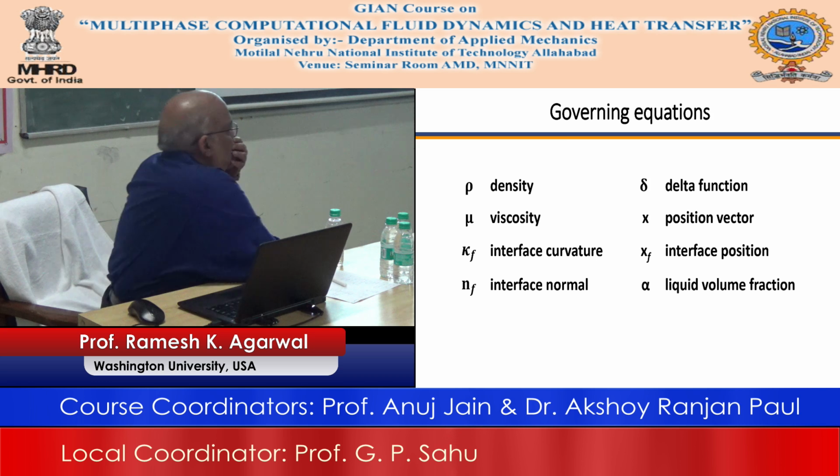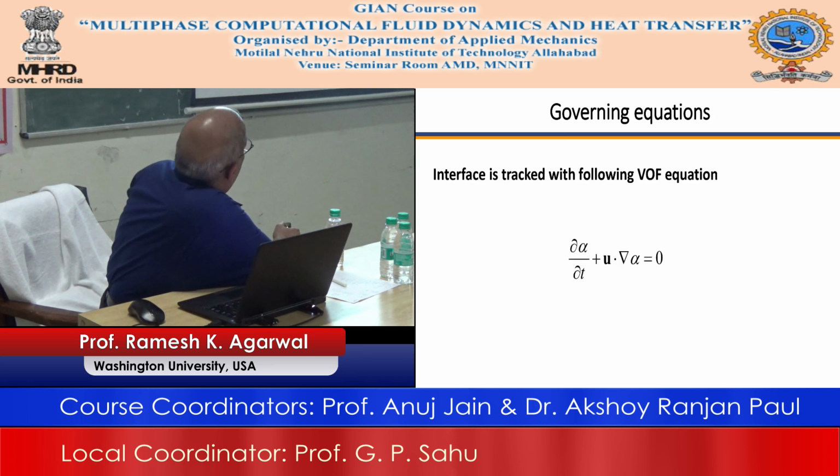Now, this is the thing that the volume of fluid method basically uses to determine the interface. So this is the contribution which was done by Hirt and Nichols in JCP, Journal of Computational Physics. I have that reference. I don't remember the date. It's somewhere in the 70s.